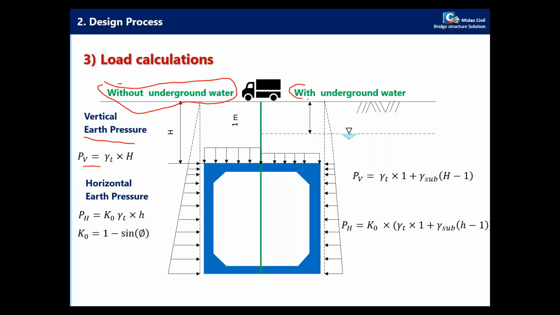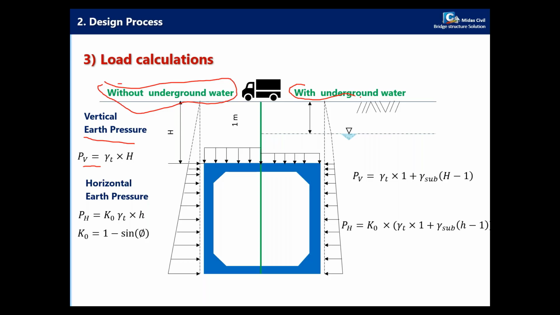And the second case, we are going to consider the underground water. So this is the vertical earth pressure when we have the underground water. But this one is the vertical pressure when we don't have the underground water.